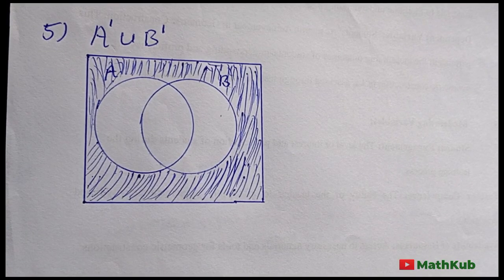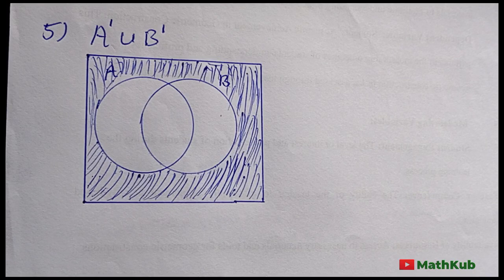Number 5. Now the shaded region is called A prime union B prime. They are the elements that are not in A and also the elements that are not in B. Union is the collection of those two groups.